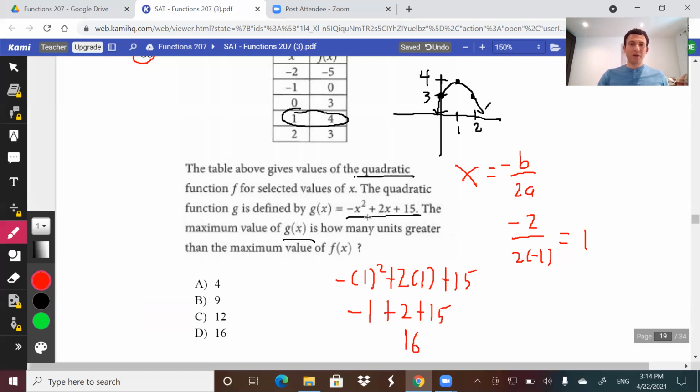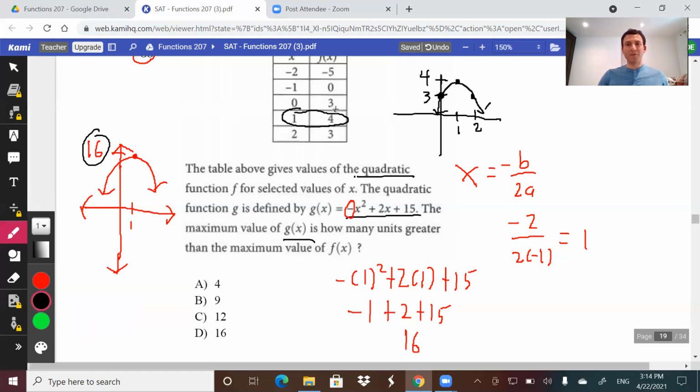So we know that for this one right here, the parabola is going to look something like this. When we input 1, we're going to output, and I should probably have drawn this up higher so it's not really proportional, but we should output 16, and then it opens down because we have a negative in the a spot. So anyway, the maximum of the g of x function is 16.